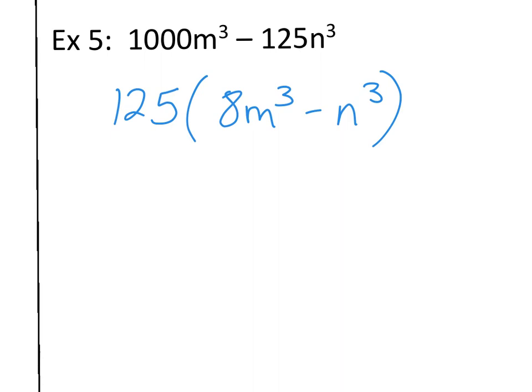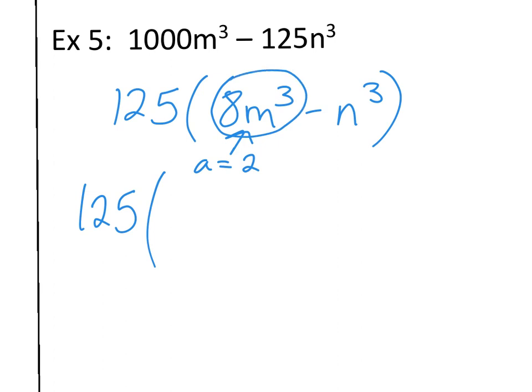So it'd be 2 minus and plus. Hold on. What is A going to be? A is going to be 2m, the cube root of this whole term. And B is going to be just n, right? Yeah, just n.